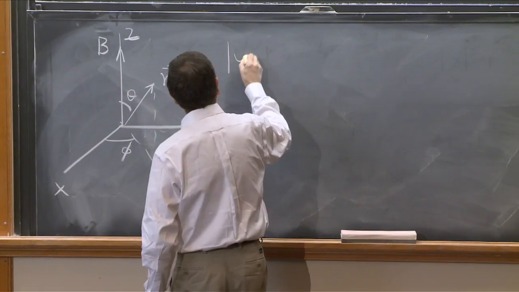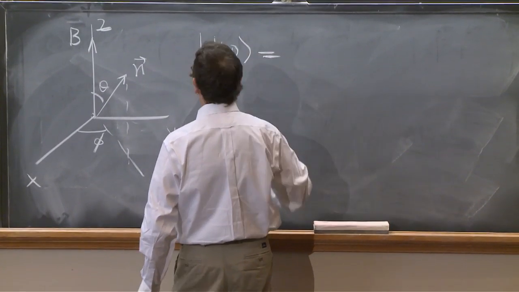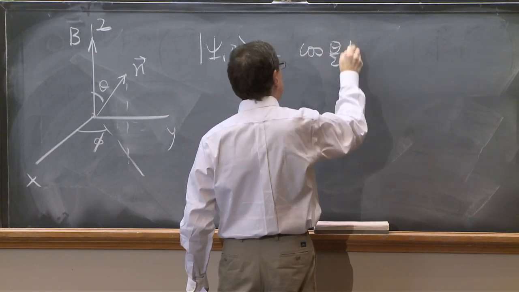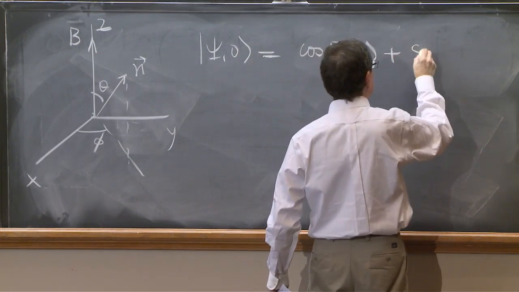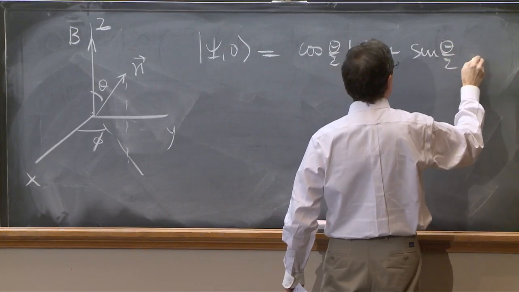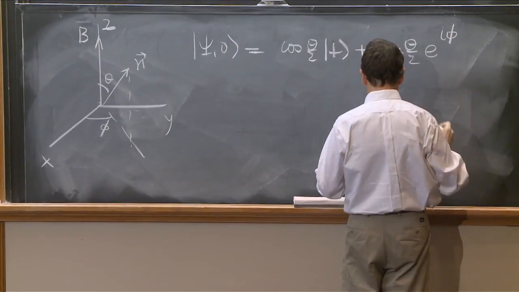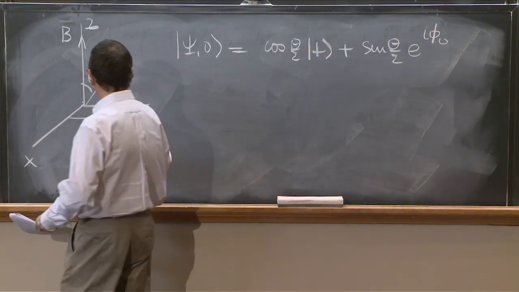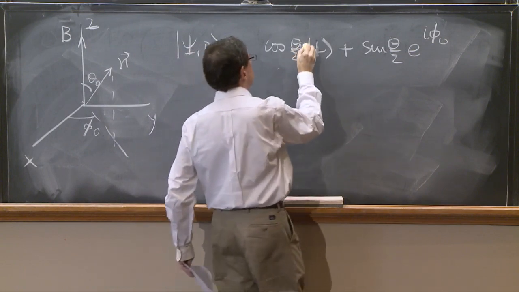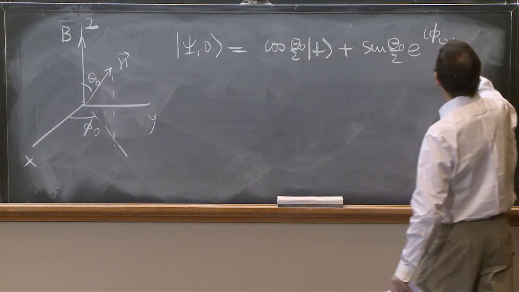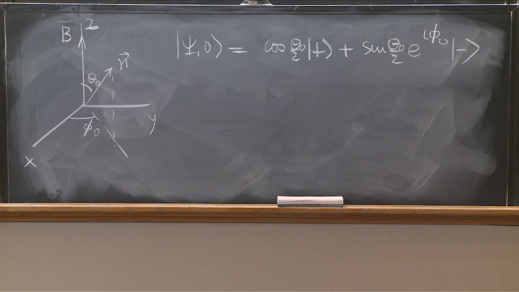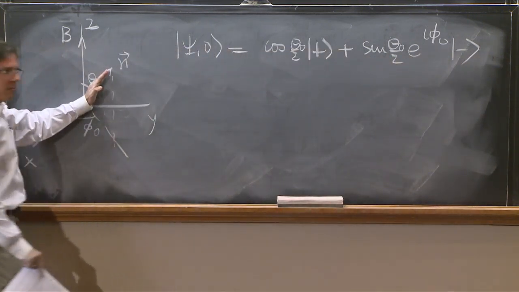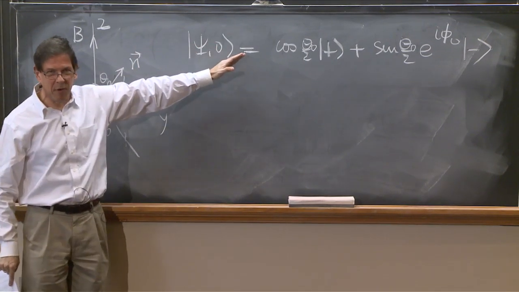So psi 0 is the spin state that, with your formula sheet, is cosine theta over 2 plus sine theta over 2 e to the i phi, I think with a plus, yes. I'll call it phi naught, and maybe theta naught, why not? And minus. So this is a spin state pointing in this direction, the direction n.